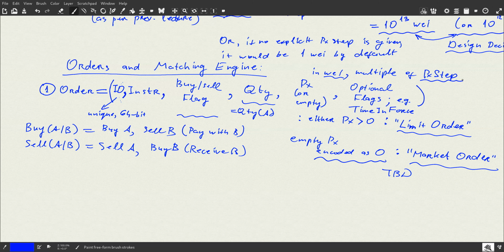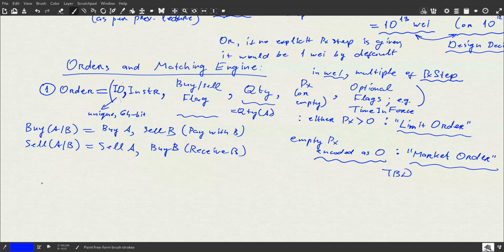So what happens with the orders? Internally, there is a structure which is called the matching engine.